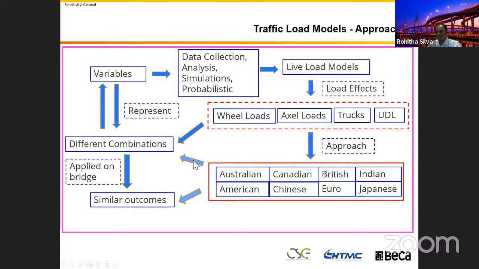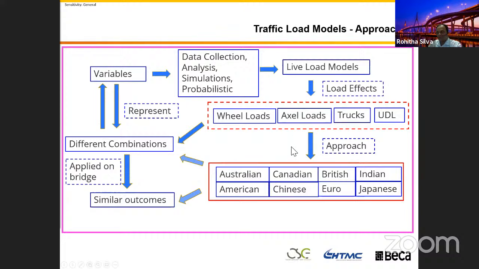The objective is, though we have different standards, developed with different combinations, when you apply them on a bridge, when you design them, you get not exact outcomes, but similar outcomes, in the sense of being safe to drive.